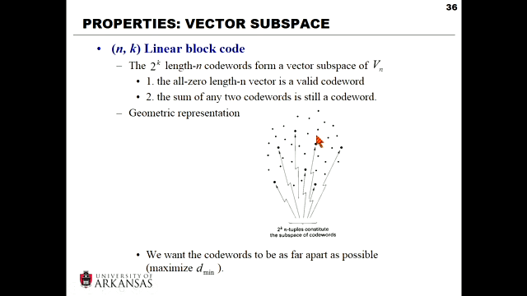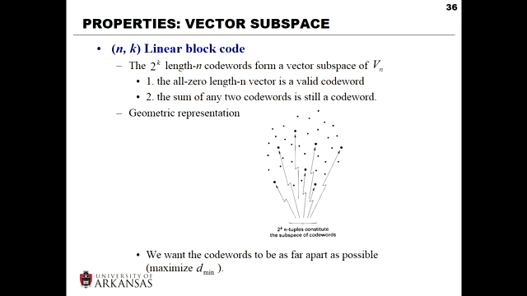If they are all congregated together, then their Hamming distance will be small. We would like them evenly spread out over the entire vector space, and in that case, we can maximize the minimum Hamming distance. That's the basic idea in the design of a linear block code: we would like the picked code words to be evenly spread out as much as possible in this entire space.